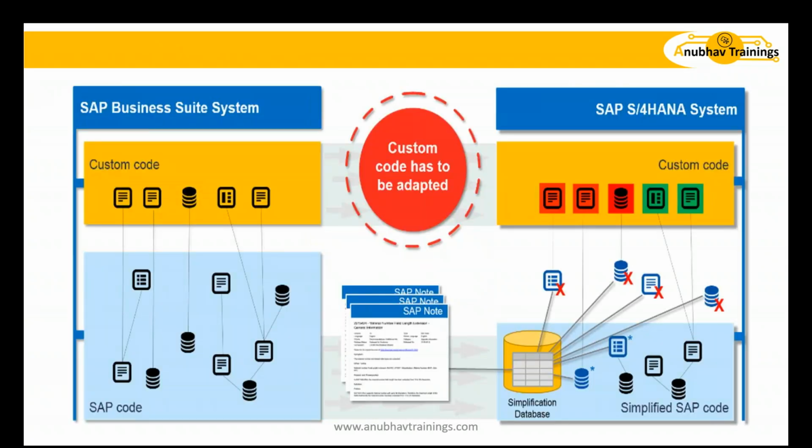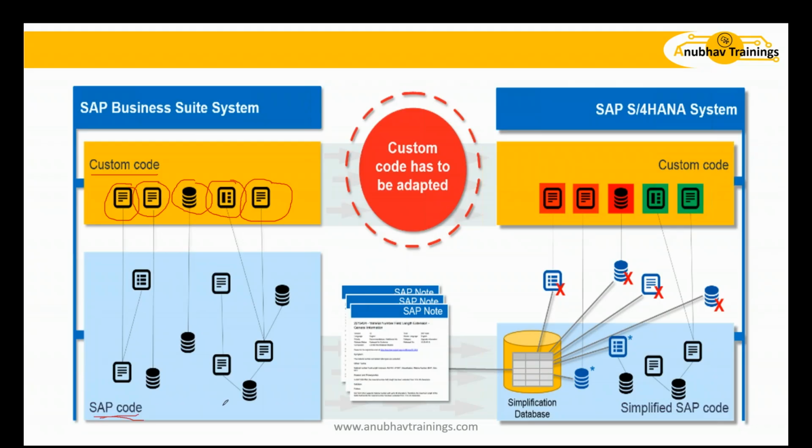So the main question which will be asked will be, what about my custom code? Now you can see this diagram which very much explains the situation. In this example we have custom code with programs, function modules, and tables, and these tables and programs are using your standard SAP code.